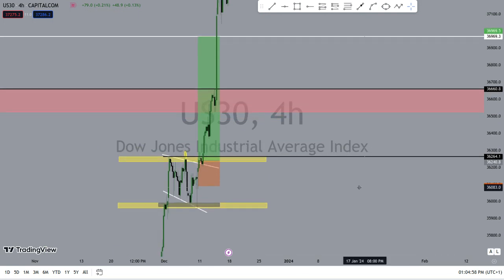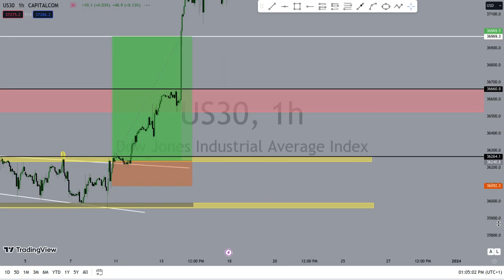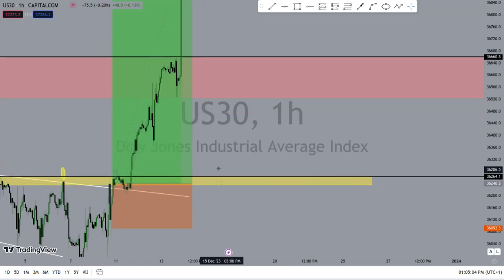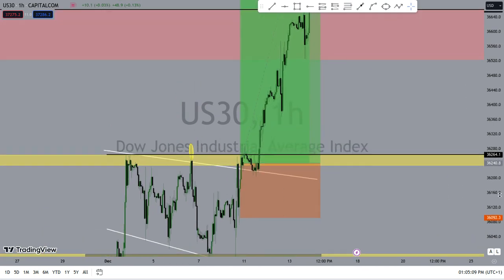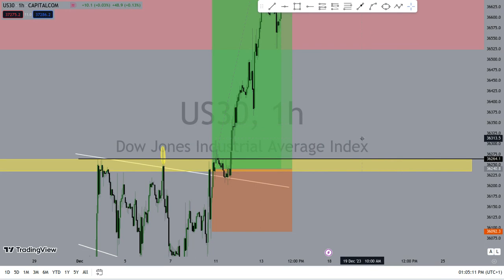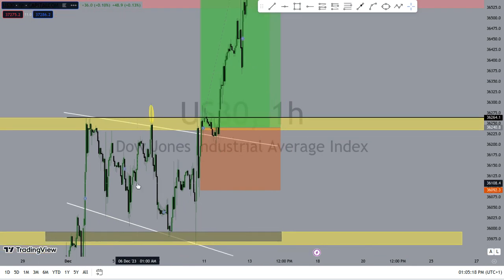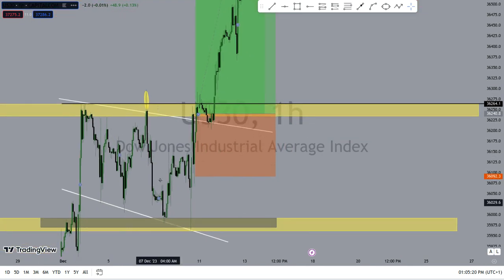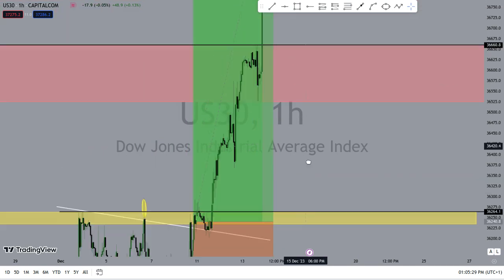Okay. On US 30, which we analyzed in our previous video, you can see US 30 did go well as predicted. As I clearly said, US 30 was giving us a rising wedge, so it formed around this region, and then a break, a clear retest, and then poof to the upside.